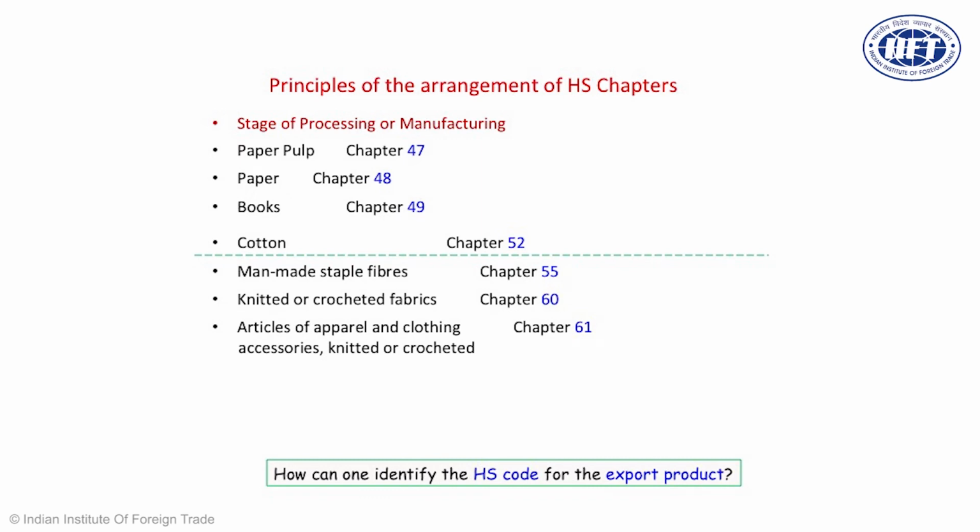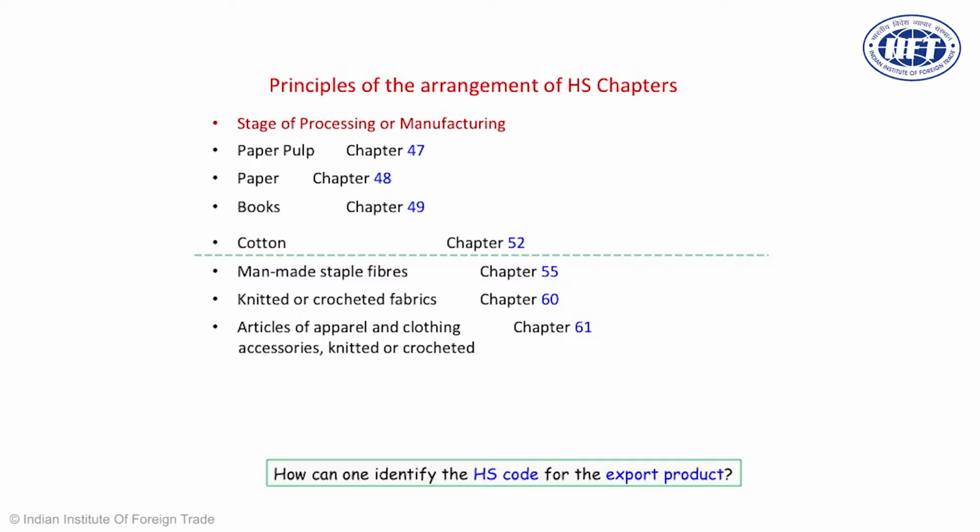There is a third rule of thumb that you might follow. The rule of thumb would be you look at the stage of processing. You might find the paper pulp coming under HS47, paper ream coming under HS48, the books and magazines coming under HS49, but this actually follows the stage of processing rule of thumb.